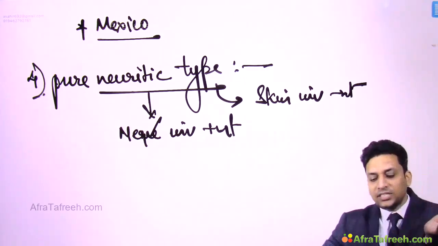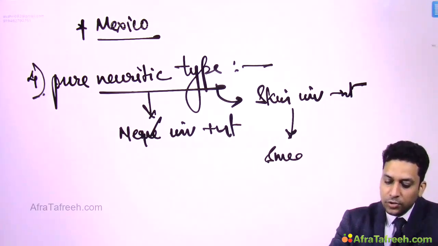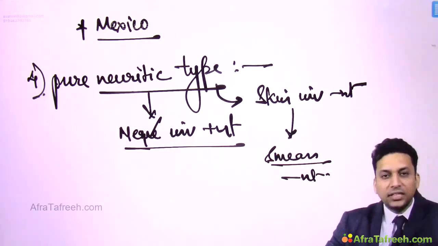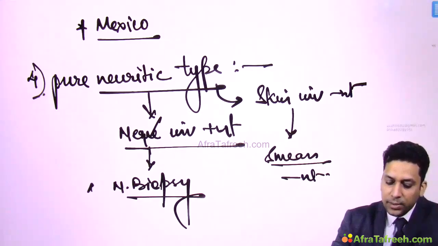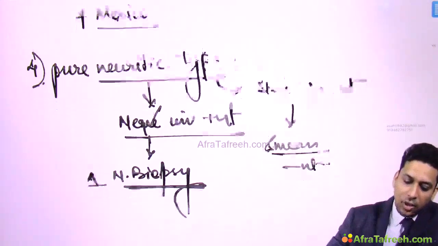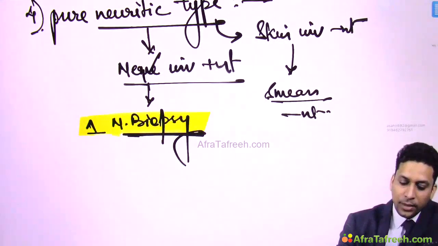So if you prepare a skin smear, it will come out negative here. So how to make the diagnosis? You need to do nerve biopsy. So in pure neuritic type, diagnosis is based on nerve biopsy. And this is a common question which is asked: which is the preferred nerve for taking nerve biopsy in leprosy?